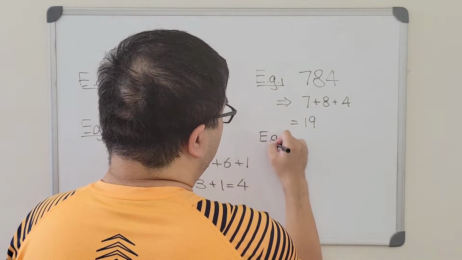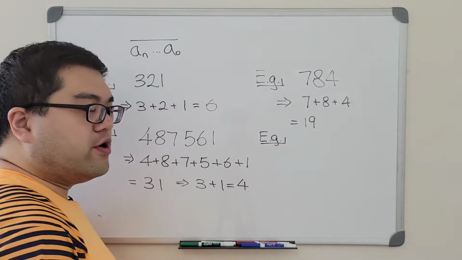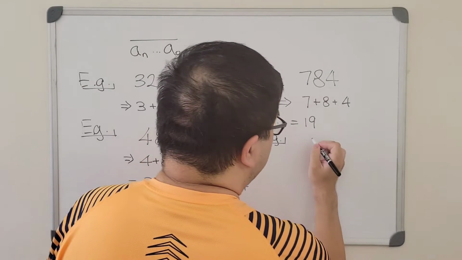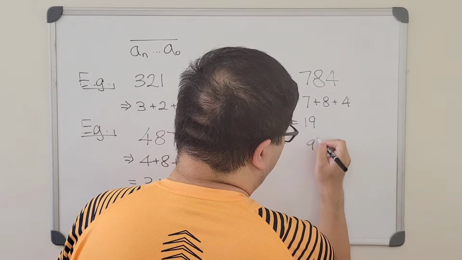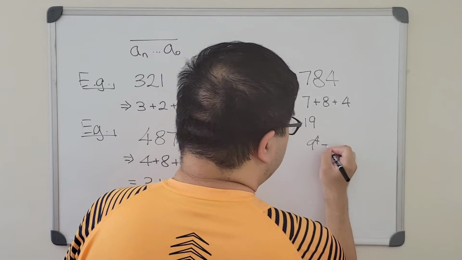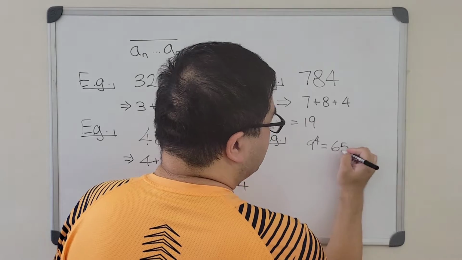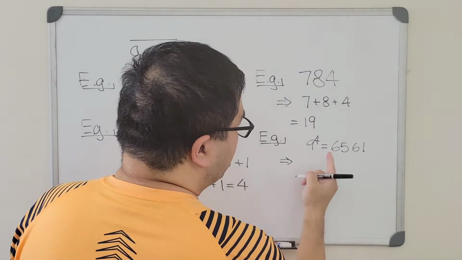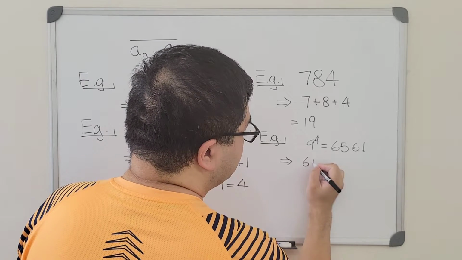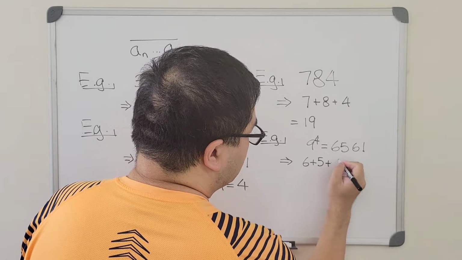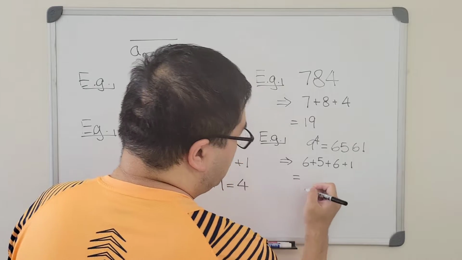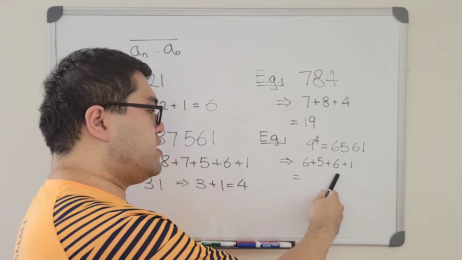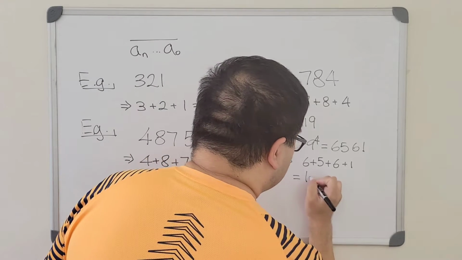Well, let's do one more example for a multiple of 9 and see if it's right. Let's pick 9 to the 4th power, which is 6,561. If we use the same trick, we add all the digits together: 6 plus 5 plus 6 plus 1. 6 plus 5 is 11, plus 6 gives us 17, plus 1 is 18.